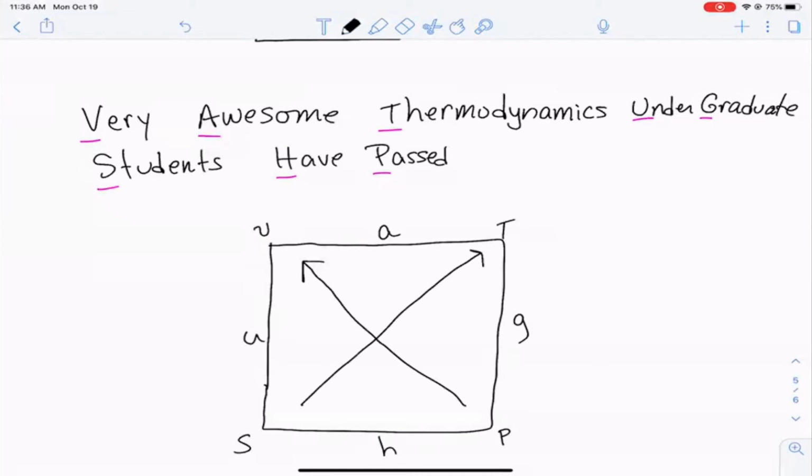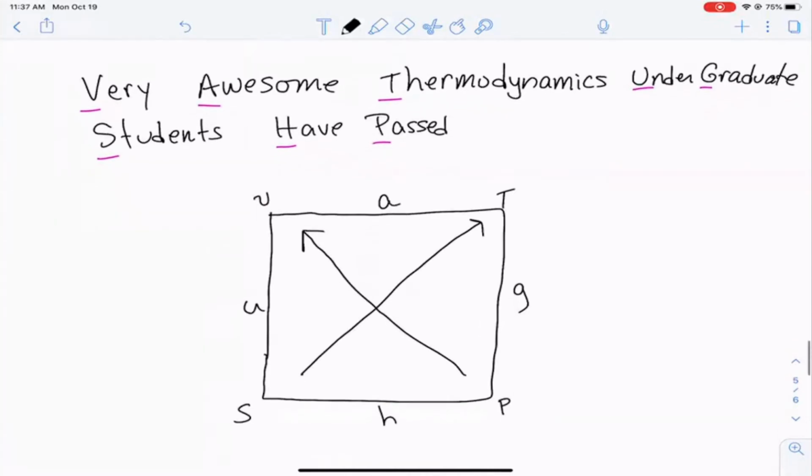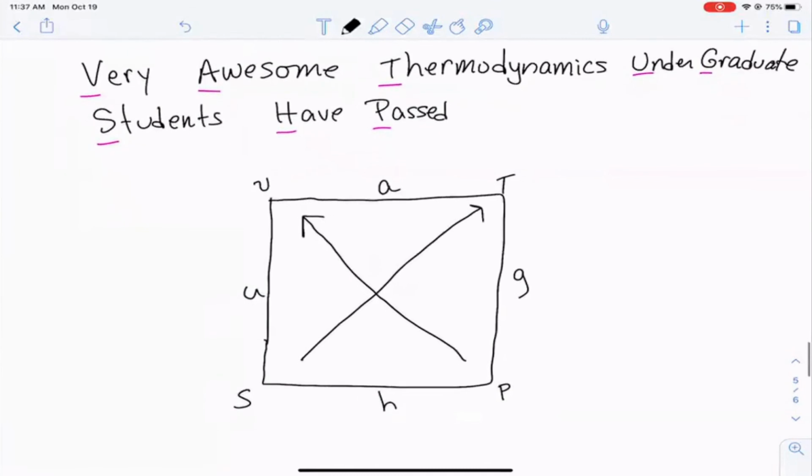And from this, I can get all the Maxwell relations and all of the differentials. I'm going to do a couple examples of each here to show you how and to provide this as a reference so you guys can look back on it later. And let's do the differentials first.